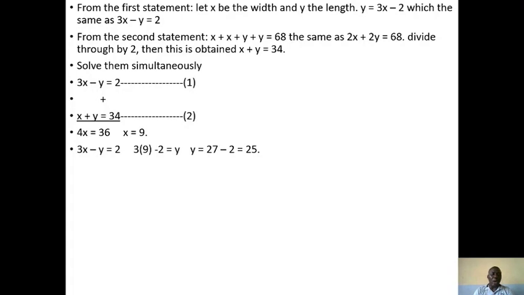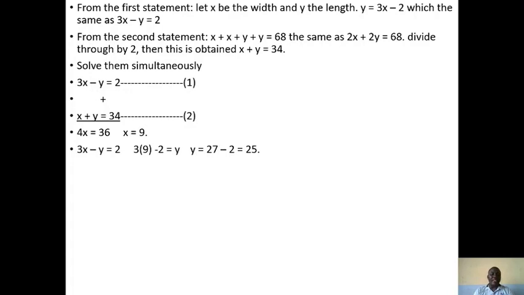Then minus y plus y will give us 0. That is why you didn't see y there. Then 2 plus 34 will give us 36. Because I'm looking for x, I have to divide through by 4. If you divide 4x by 4, you will have x. And if you divide 36 by 4, you will have 9. So the answer is 9.